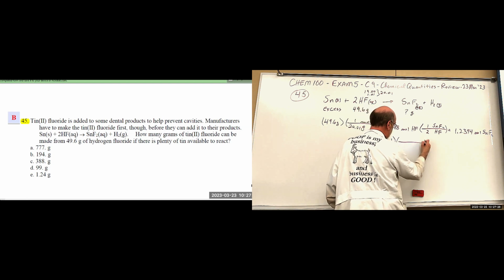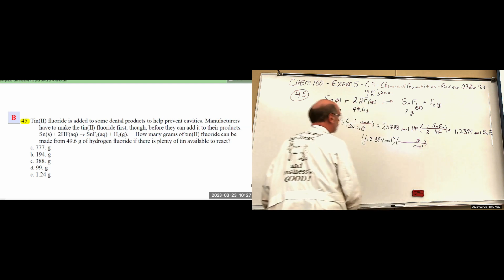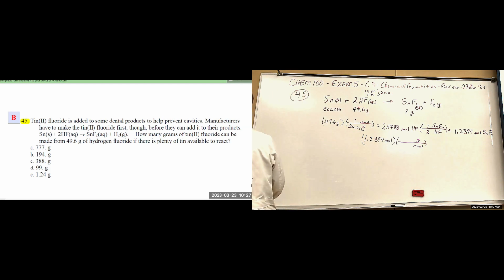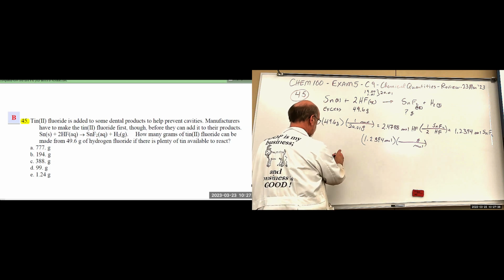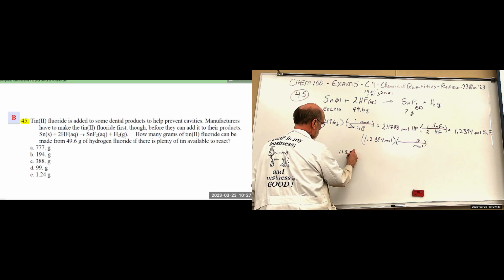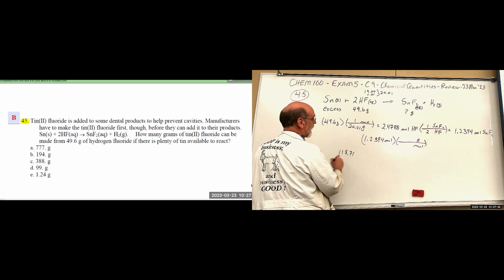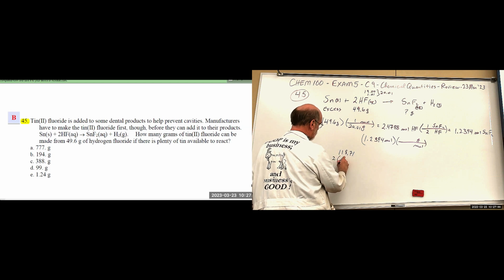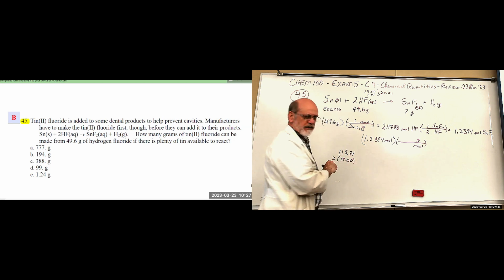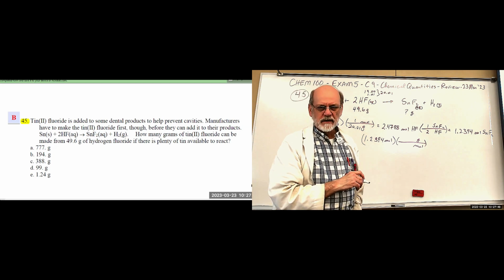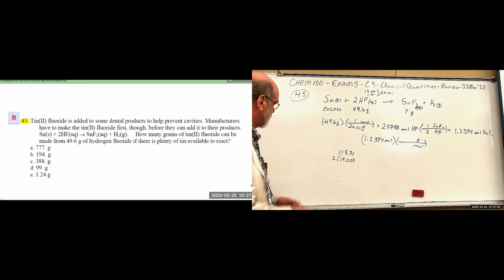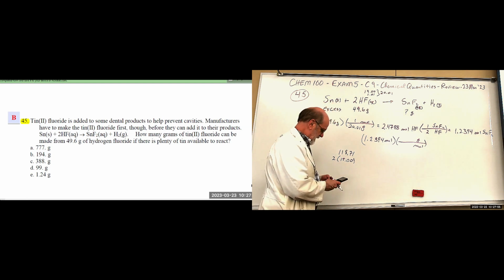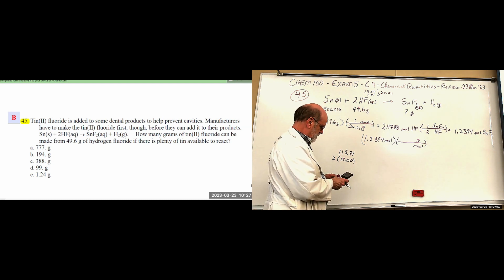We need the molar mass of tin(II) fluoride. Okay, so tin is pretty heavy, 118.71. That's tin. And 2 fluorines is 2 times 19. Or does it tell us in the problem? No, it doesn't. We have to calculate it ourselves. So 2 times 19 is 38.